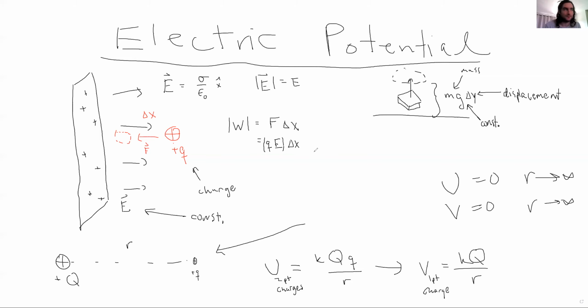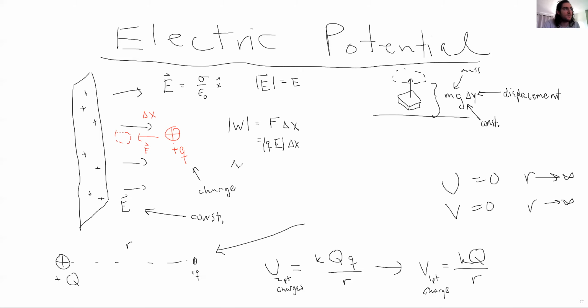I have to do work to move a positive charge against the electric field. I have to push on it because naturally it wants to go with the electric field. That means I do some work on this charge. I give it some potential energy. So here, the potential energy is positive.